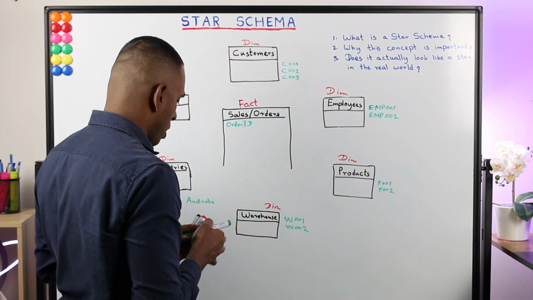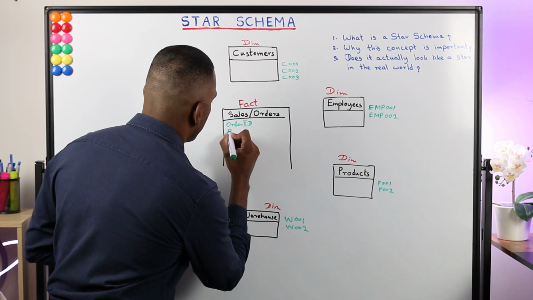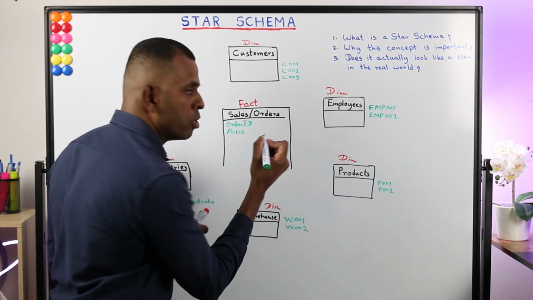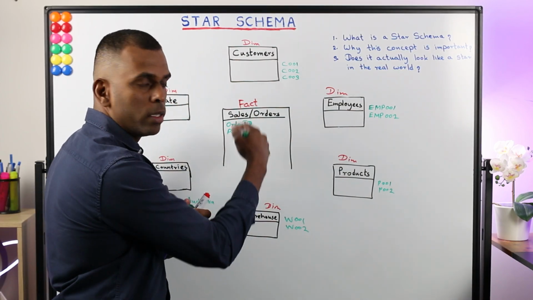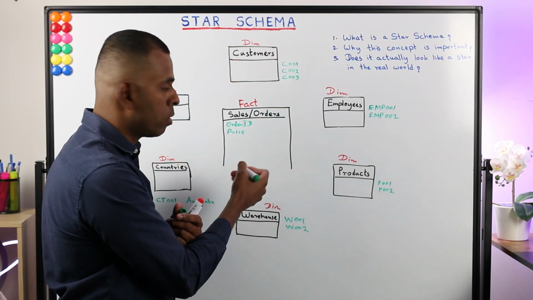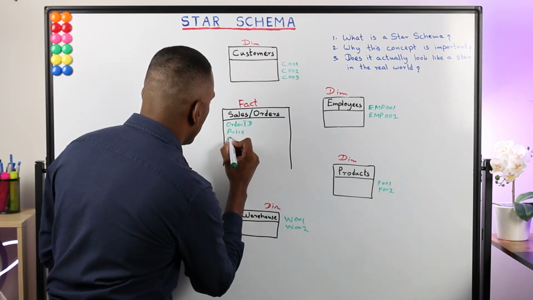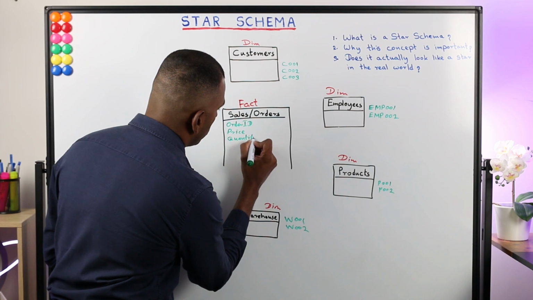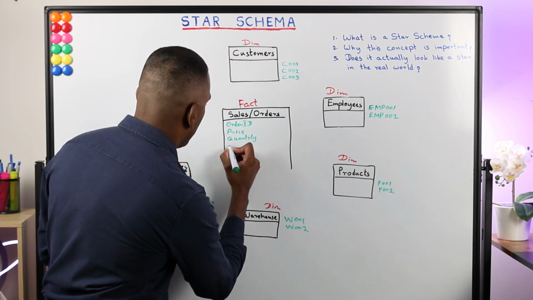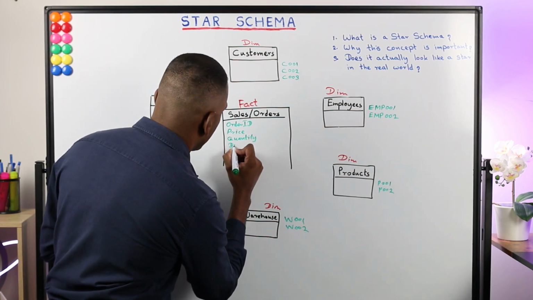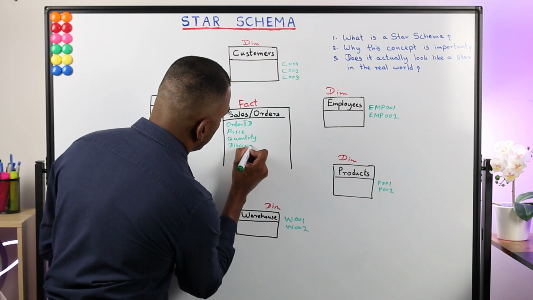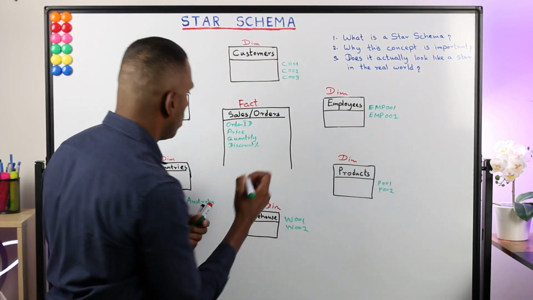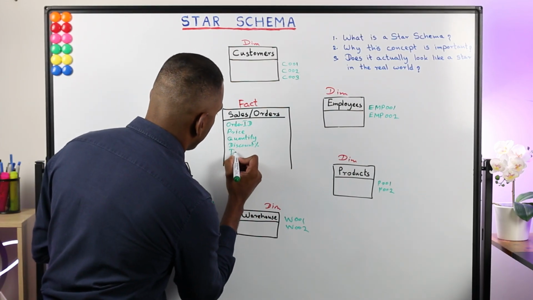And the numbers, let's say price of the products, all of these are columns. Order ID column, price column, then the quantity column, and discount percentage column, maybe a tax column.